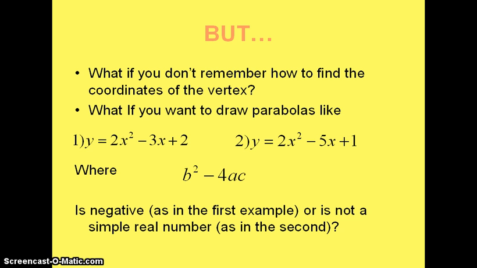The delta of the equation is negative, or the calculations are difficult, like these two examples, where delta for the first is 9 minus 4 times 2 times 2, negative 7, or in the second, where delta is 15 minus 4 times 2 times 1, like 17.